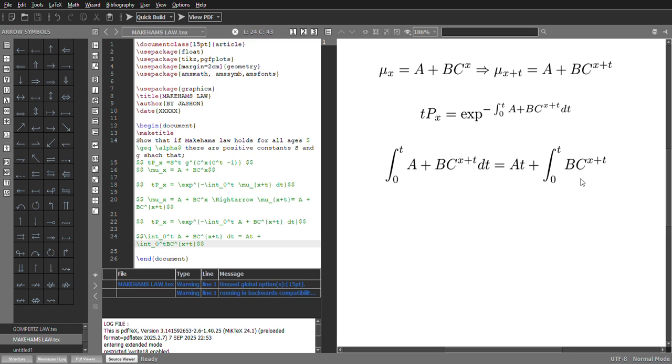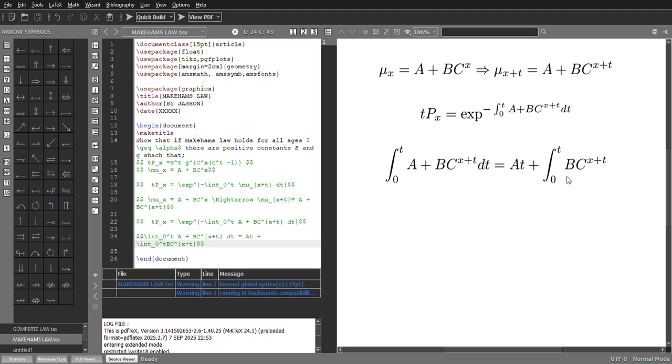Now, remember that we integrated this quite easily in the other convert's law, and we got this when we integrate this.